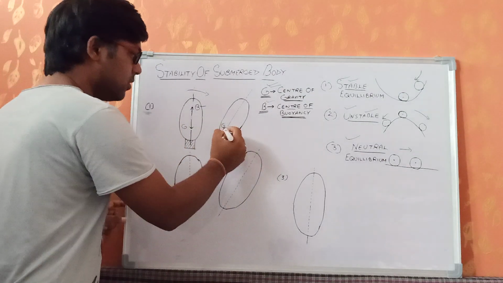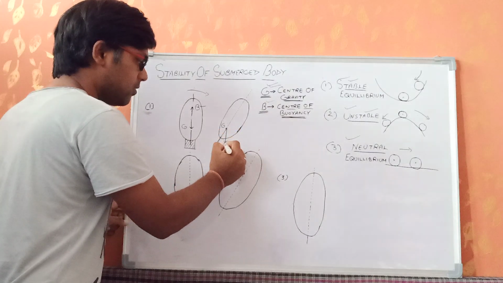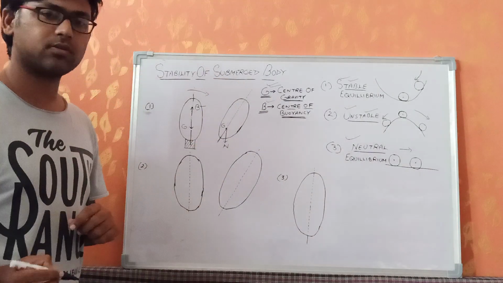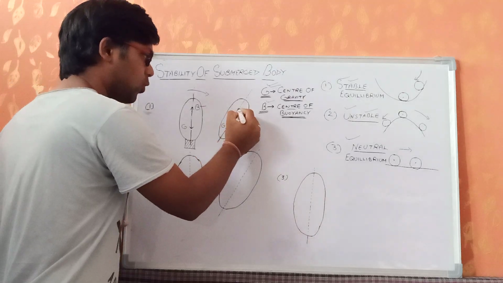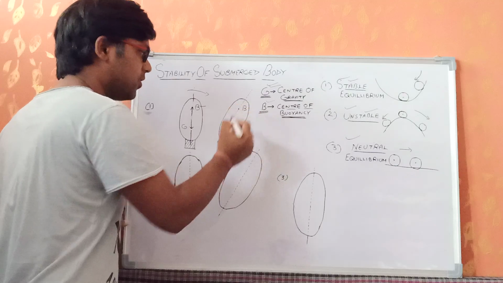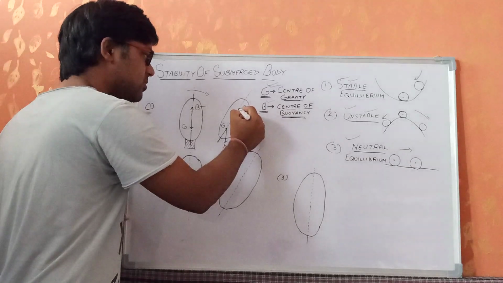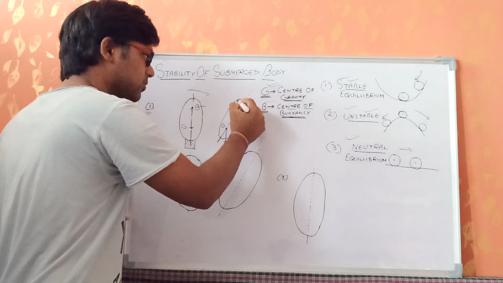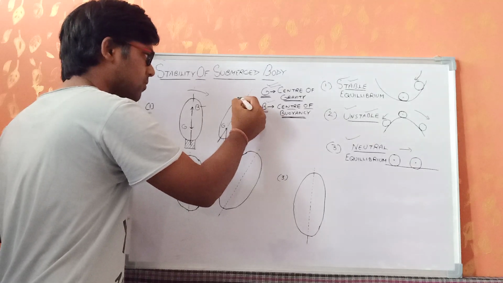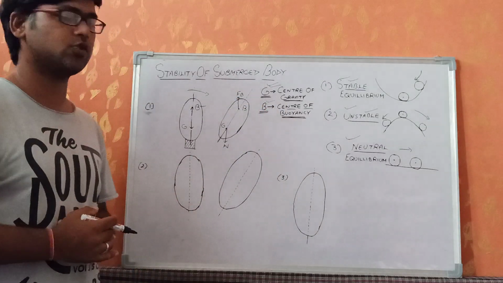At this point, the body weight is acting in the downward direction, and at the top we are having a point B, that is called center of buoyancy. So center of buoyancy means the force of buoyancy acting at this point is acting in the upward direction. FB basically represents the force of buoyancy.